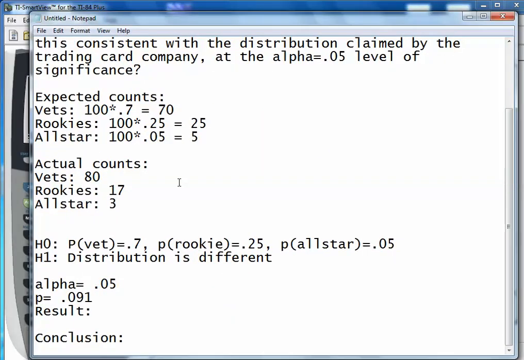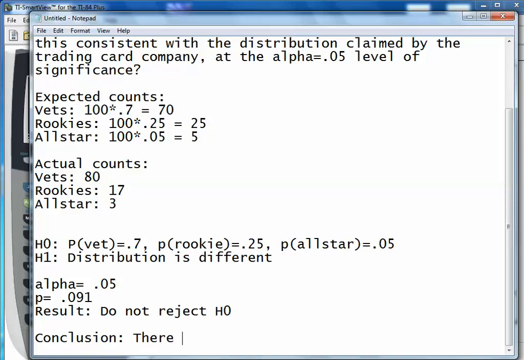So now we can analyze this. Our alpha was 0.05. That's our cutoff for being unusual. Compared to that, P is not unusual. It's not less than 0.05. So we are not rejecting H0. Our conclusion is that we have not enough evidence that the distribution is different.